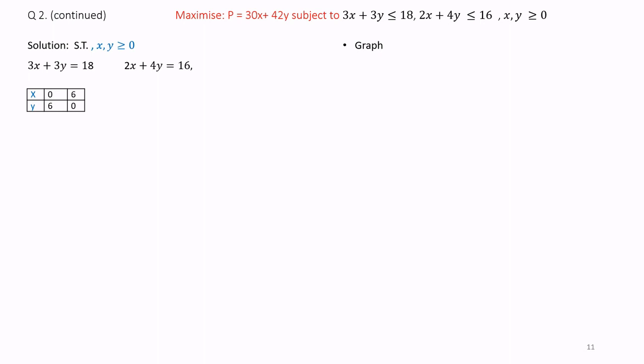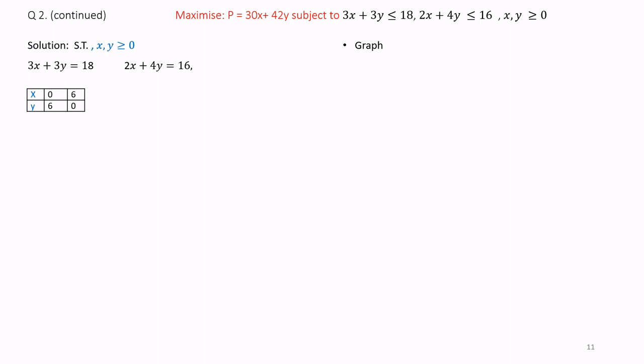Now we will put x equal to 0 here. We get 3y equals 18, therefore y equals 18 by 3, that is equal to 6. The next step is when we put y equal to 0 in this equation, we get 3x equals 18 or x equals 6. So in this case, when x is 0, y is 6, and when y is 0, x is 6. So we have found it.